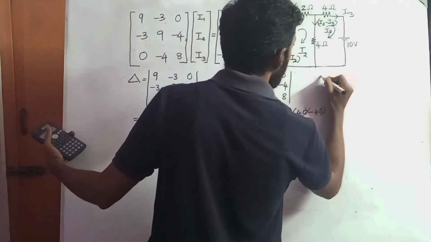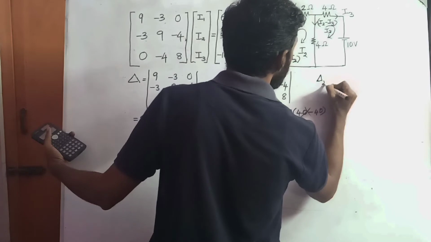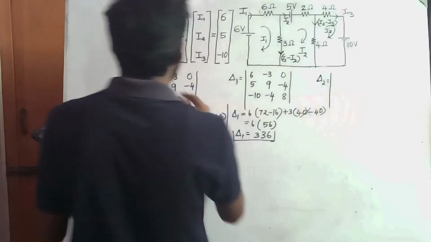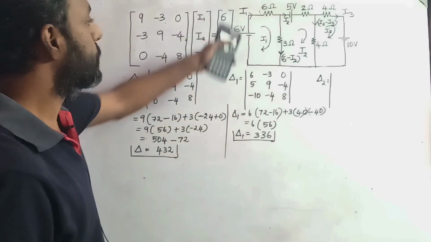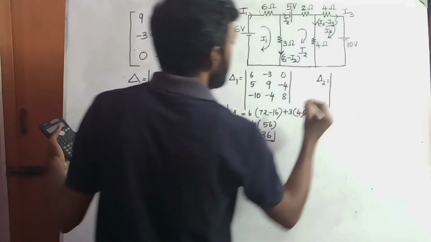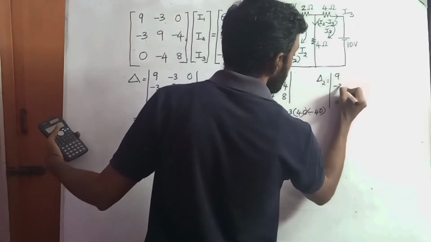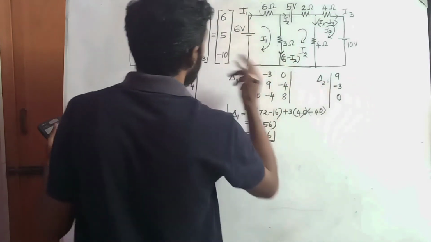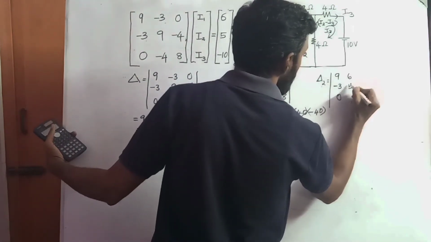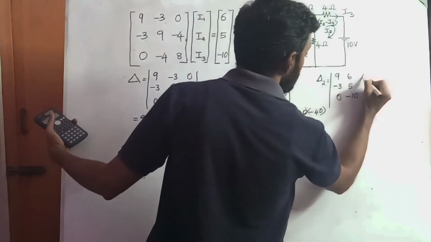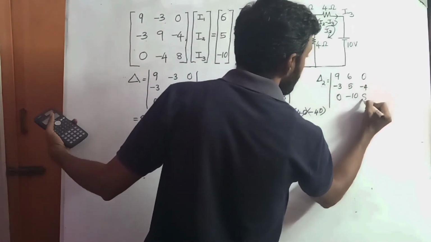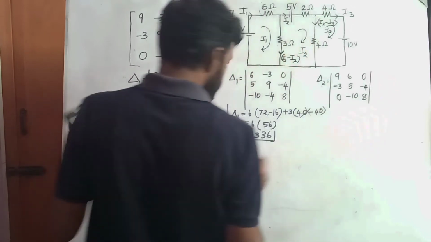Finding the value of delta 2, we need to replace column 2 with these numbers. So 9, minus 3, 0; 6, 5, minus 10; followed by 0, minus 4, 8.